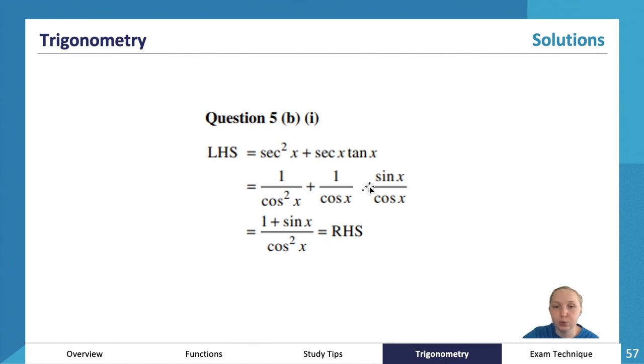So then once we do all of that, when we multiply these together, we would get sine x over cos squared x. So if we've got 1 on cos squared x plus sine x on cos squared x, add those two fractions together, we get 1 plus sine x all over cos squared x, which is equal to the right-hand side.